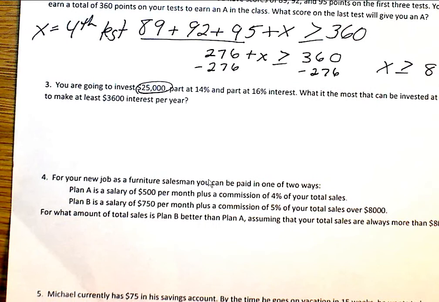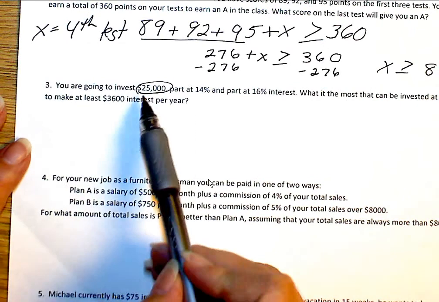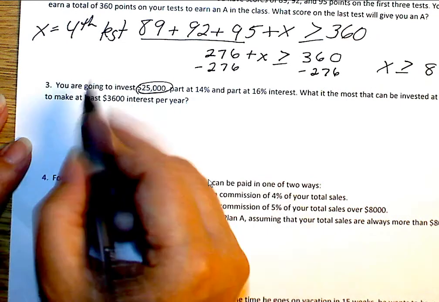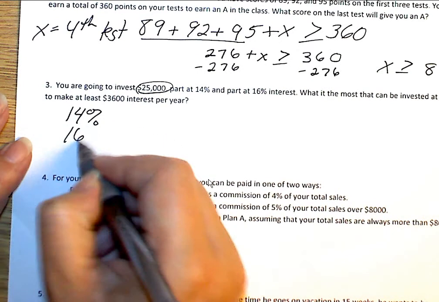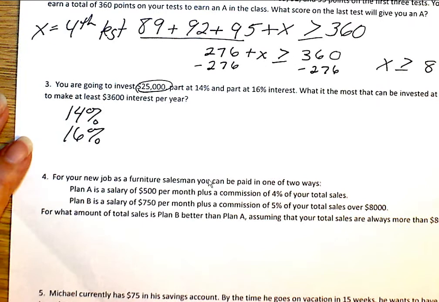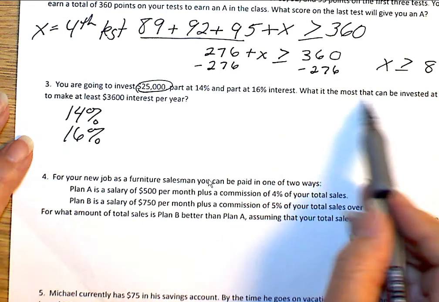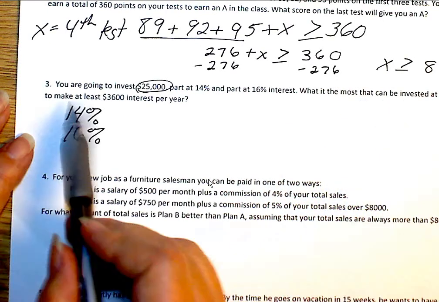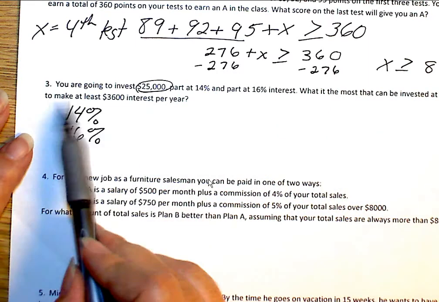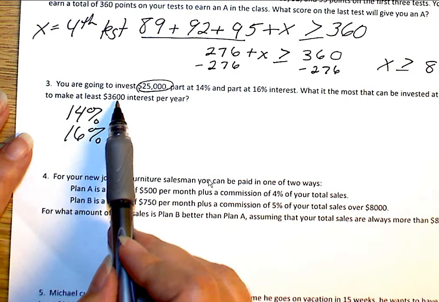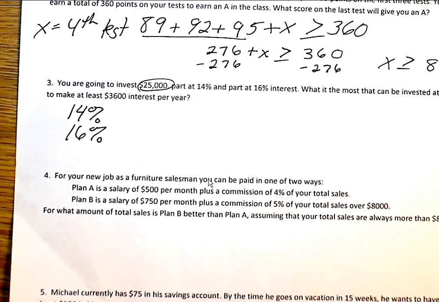All right, it says that you're going to invest $25,000, and part of it you are going to invest at 14%, and part of it you're going to go at 16% interest. What is the most you can invest at the 14% to make at least $3,600?